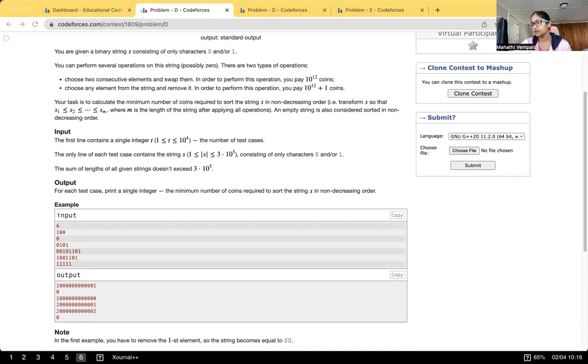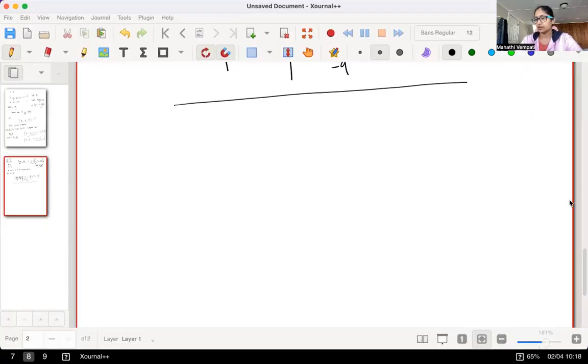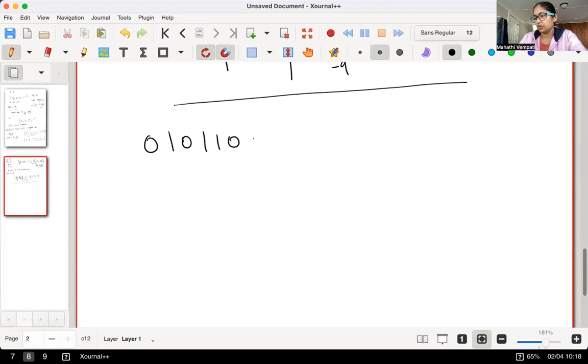Okay, I'll just state the question for a bit. So you're given a string like 0, 1, 0, 1, 1, 0, 0, 1. You have to transform it to a string like all the ones on the right, all the zeros on the left.